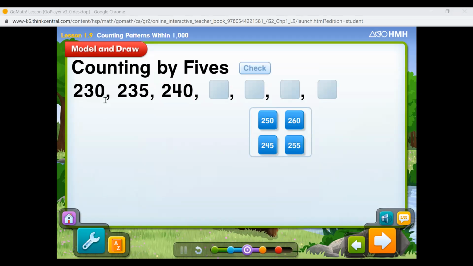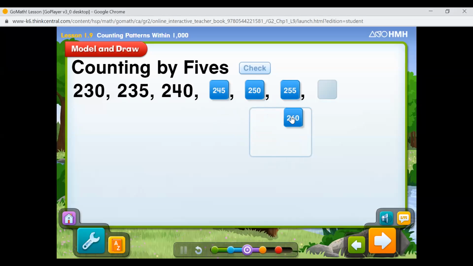So we have 230, 235, 240. Now we could also think which one of these numbers comes next. Let's try 245 and 5 more, 250, 5 more, 255, 5 more, 260.